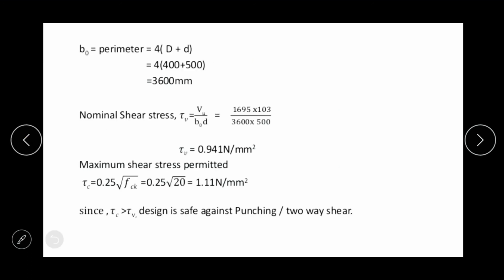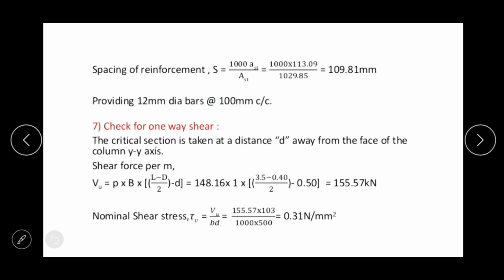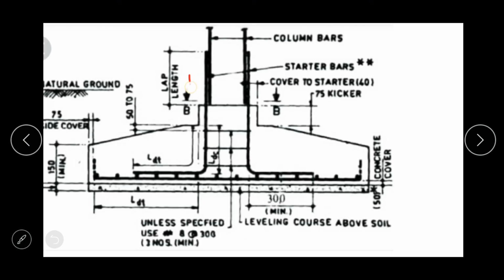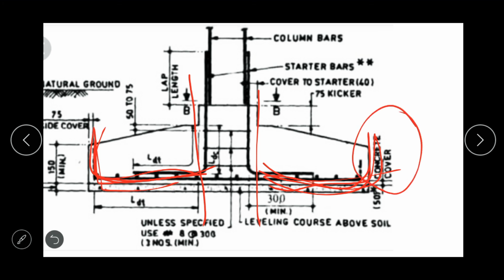Actually the development length is the length from here to here. I am showing you. Development length is from here to here. So this distance should be calculated. This is the available development length, and the required development length is 480 mm, but the available development length is 1550. Actually we are neglecting this part, only calculating from here to here.